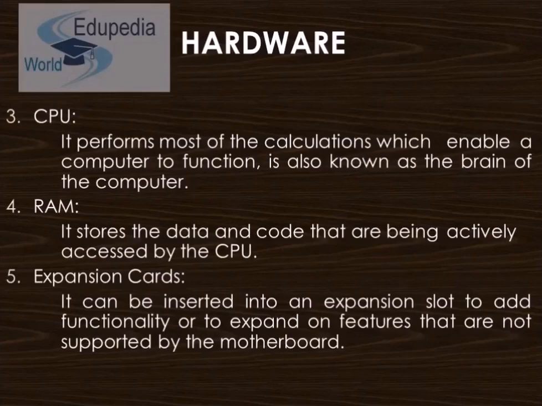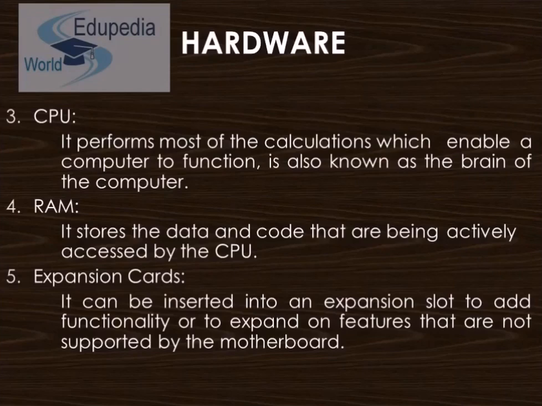Central processing unit performs most of the calculations which enable a computer to function. It is also known as the brain of the computer. Then at number 4 we have random access memory. It stores the data and code that are being actively accessed by the central processing unit.